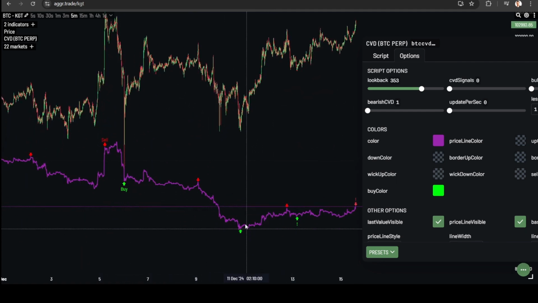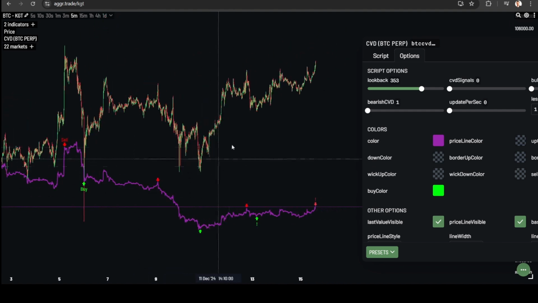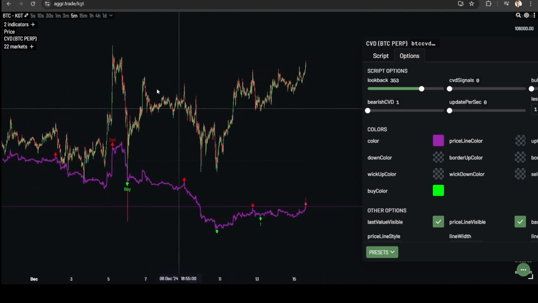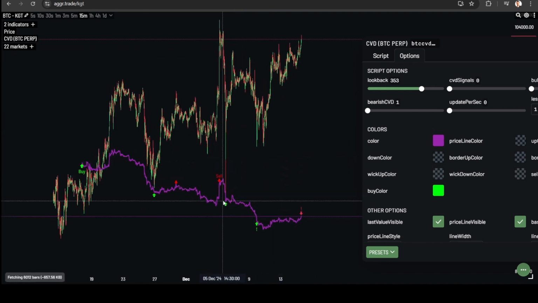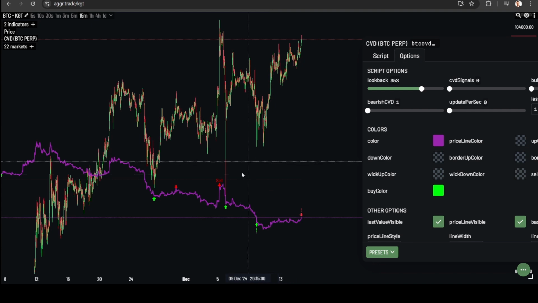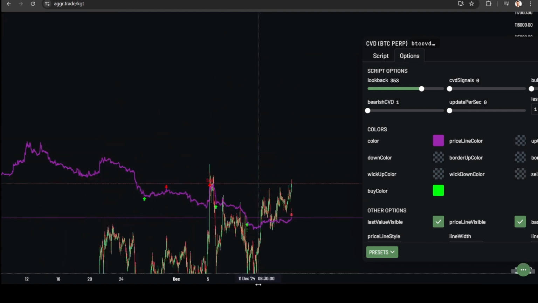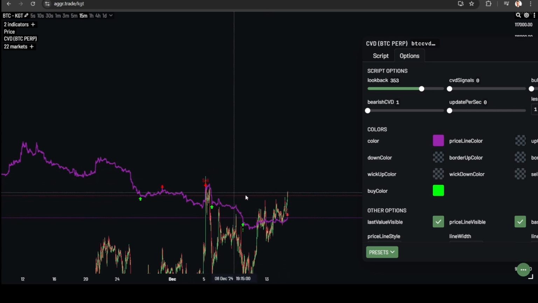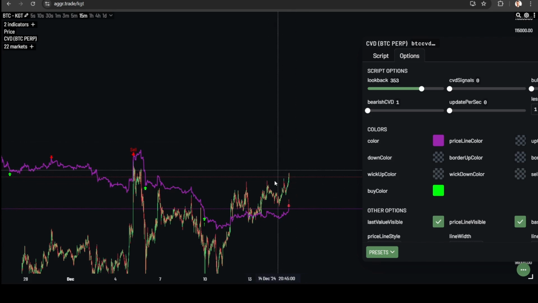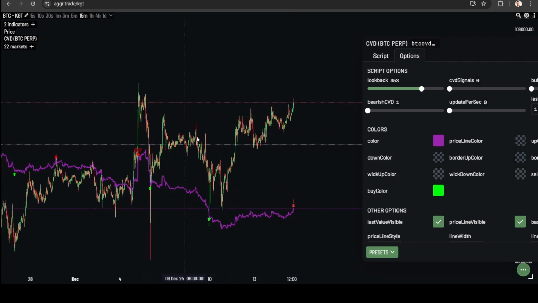Look what a strong divergence we have also here on the 5-minute, pushing the price towards the highest price. On the 15-minute chart as well, we can see the same divergence. However, on the 15-minute chart, you have a convergence, so be careful. You have a convergence with the CVDs and the price action, so it might be a finished diagonal.